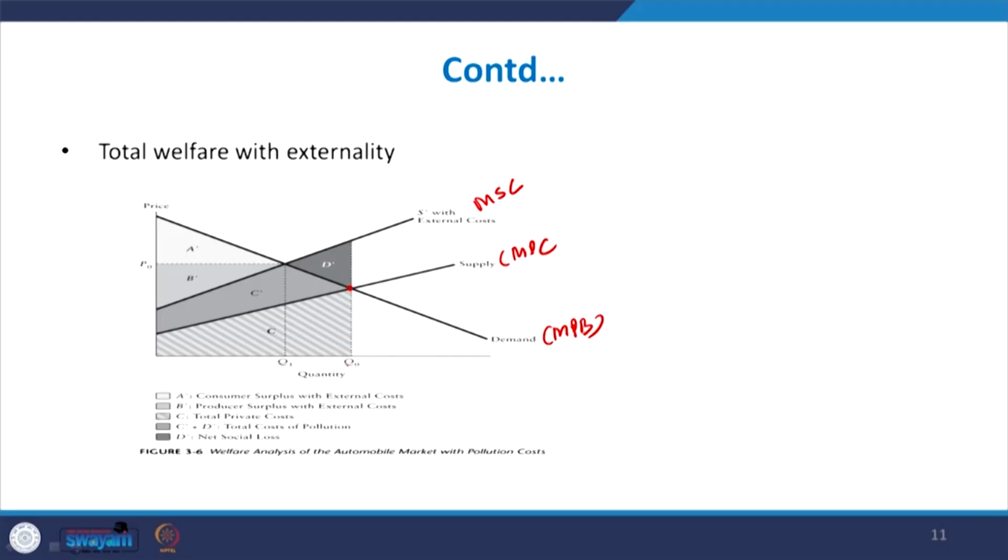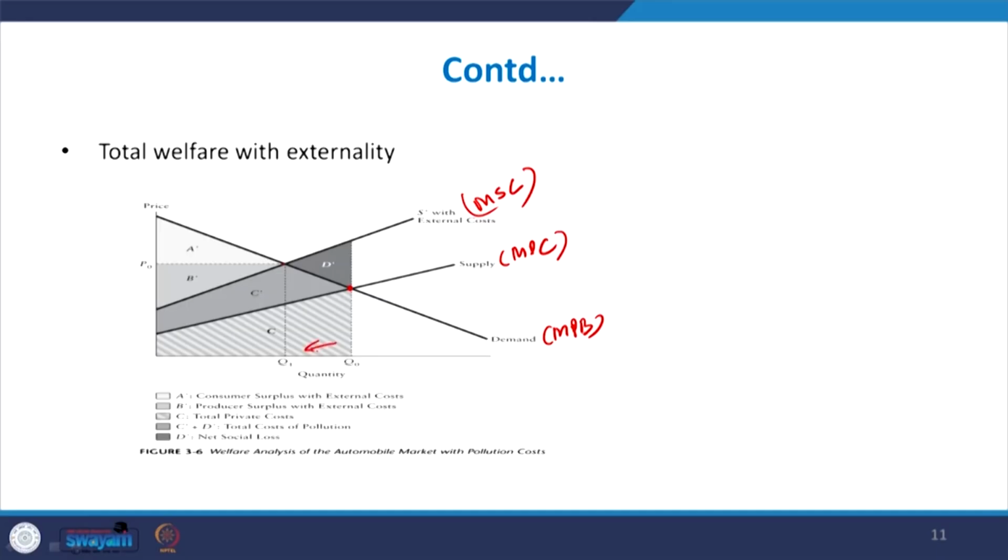But when external cost is added to marginal private cost, we get marginal social cost, and marginal social cost intersects the existing demand curve, or marginal private benefit curve, at this point, and now price is higher and quantity is lower.